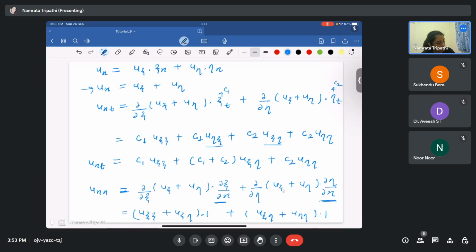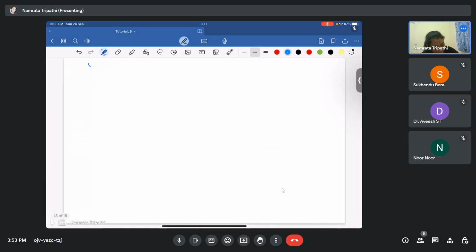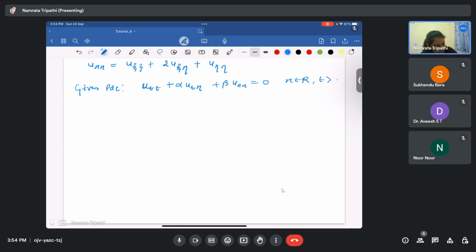Okay, now the given PDE is utt plus alpha utx plus beta uxx is equal to 0, where x is a real number, t is greater than 0.